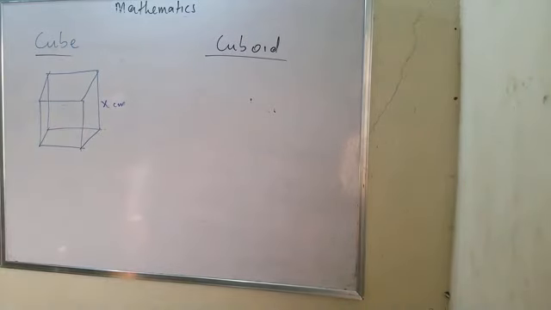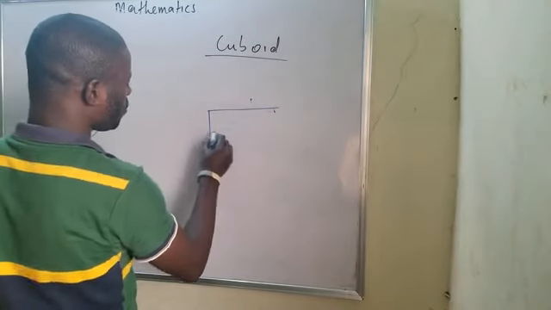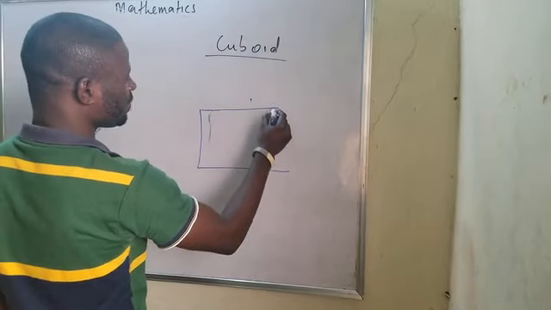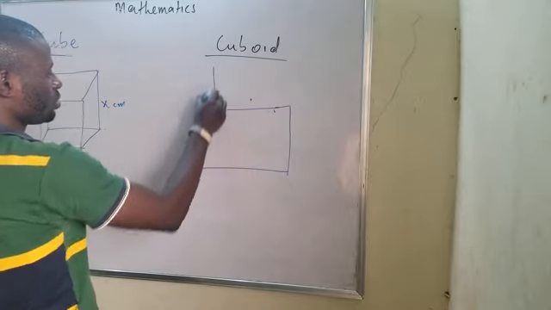Now, in my cuboid, the story will change. It will be formed by a rectangle, which is going to be something like this. I can have something like this also.